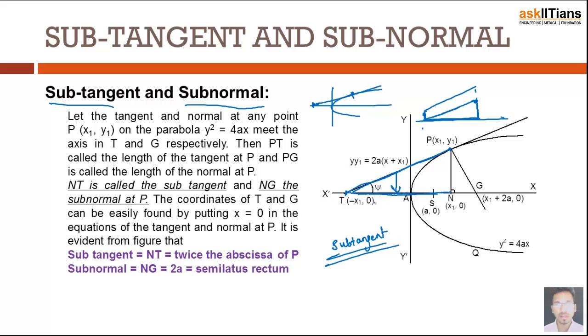We can find the intersection of the axis of the parabola with the tangent, and from there we need to find the length. Once we find the intercept, this point will be known, this point will be known, and we know the slope of the tangent. In this case it is only the x-axis.